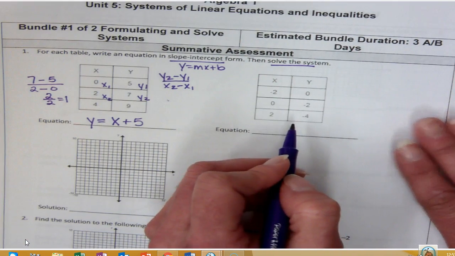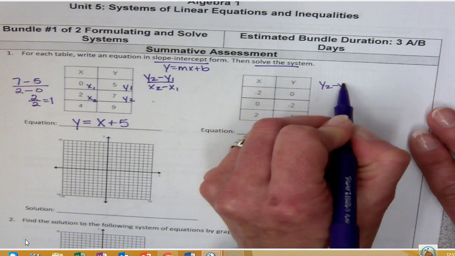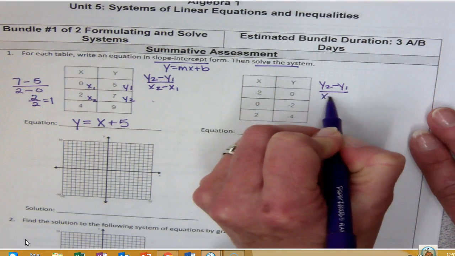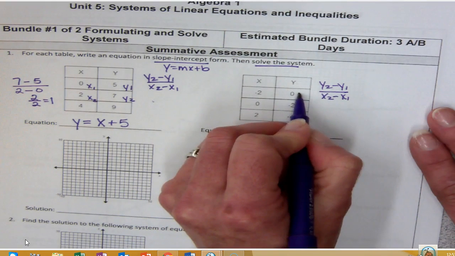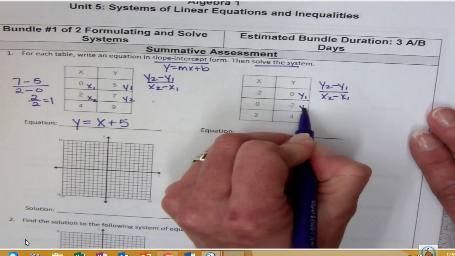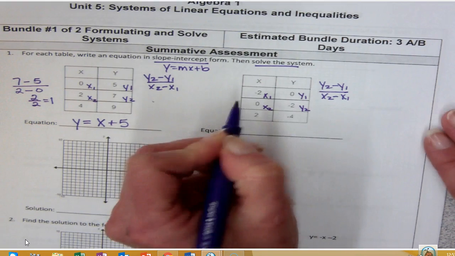On the next problem, if I go y2 minus y1 over x2 minus x1, this is my y1, my y2, x1, x2.